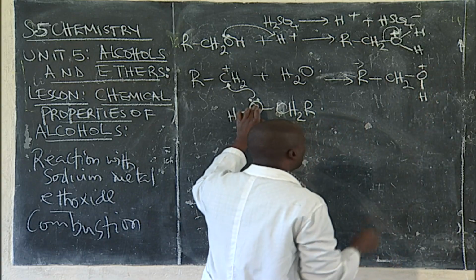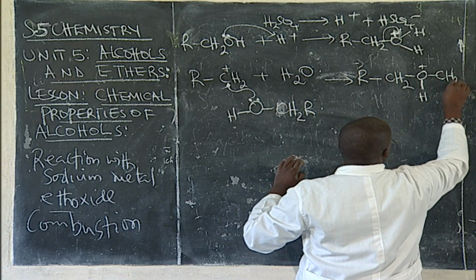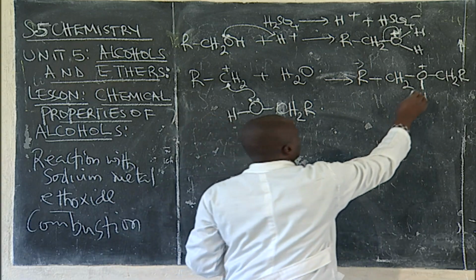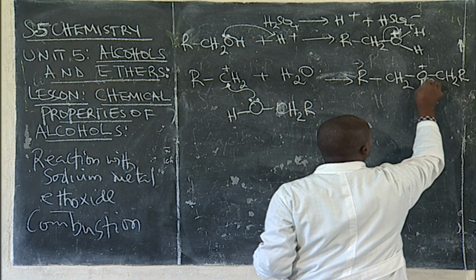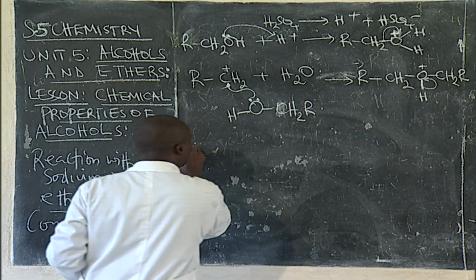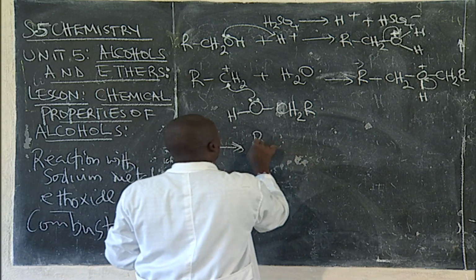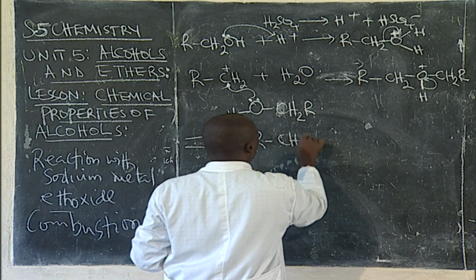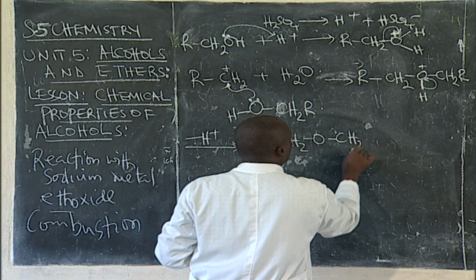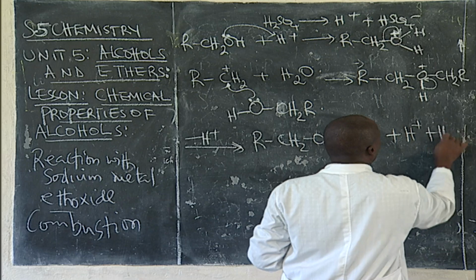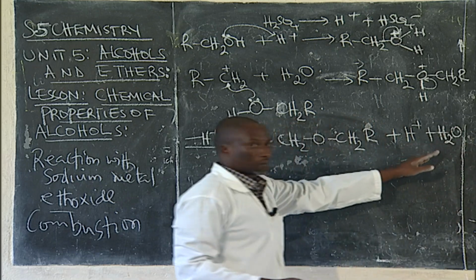This one becomes positive, and then you have CH2R. So what happens? This bond breaks to neutralize the positive charge, so that is minus a proton, and therefore you'll end up with CH2R plus the proton plus the water molecule.